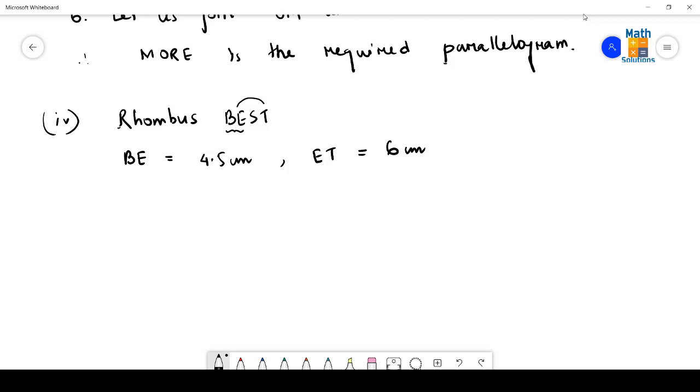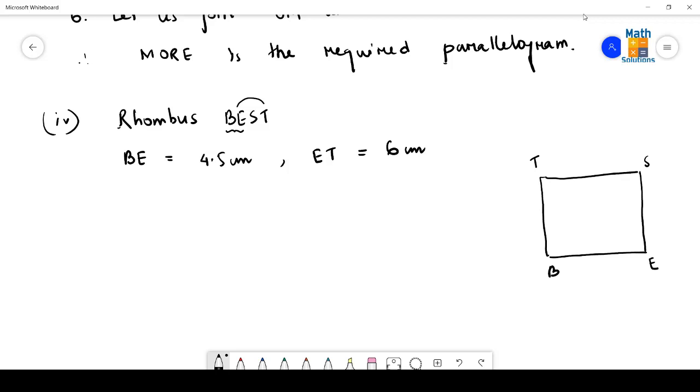So let us first draw the rough sketch of this rhombus here. So say I am drawing BE first, BE, then after it is ES, every side should be of same length, then ES, then after what do I get? TB. So it is BEST.